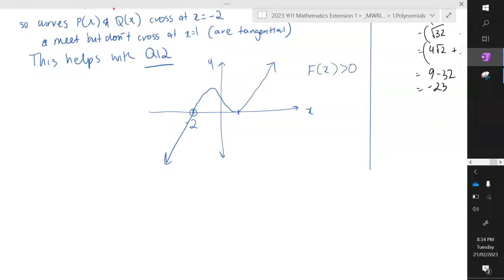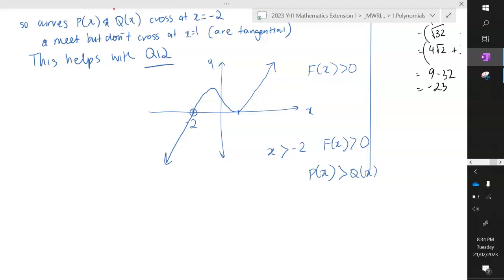It's going to be values of minus 2 and above. So for values of x greater than minus 2, f of x is a positive value, and therefore P of x is going to be above or greater than Q of x. For values less than or equal to minus 2, it's not above, it's going to be either equal to or smaller. We're going to get a negative number there.